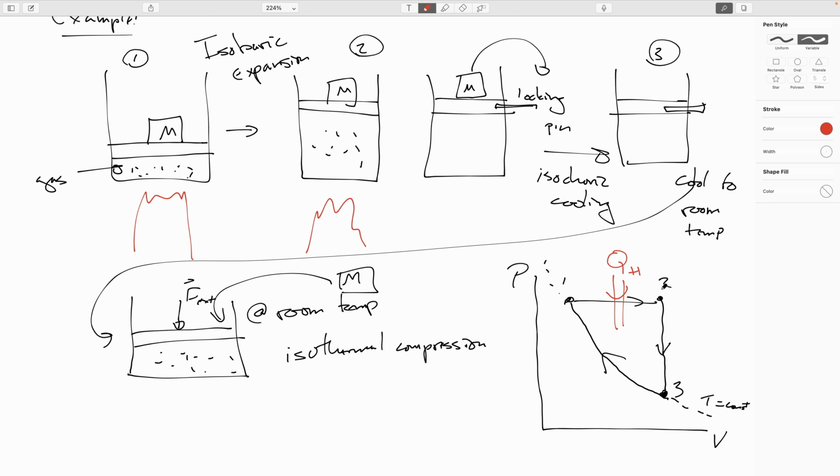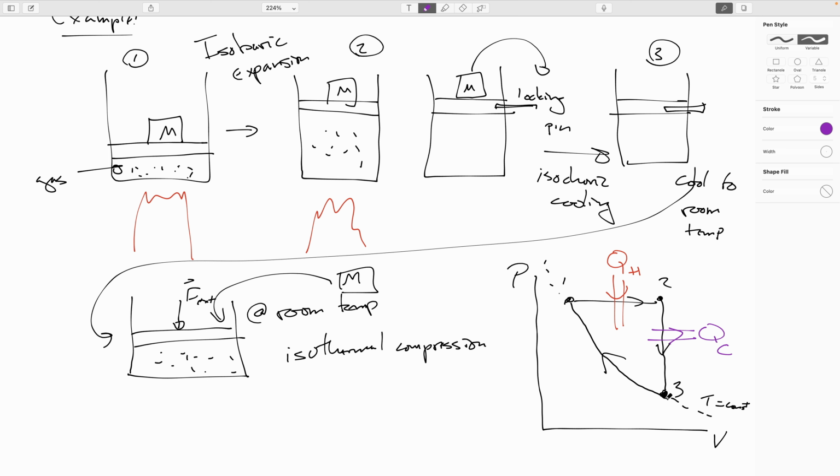So we bring heat in from the hot reservoir. Now, in the isochoric cooling part of this process, we're just letting it sit there and let heat drift off to the cold reservoir, like so. So in this step, we're losing heat to the cold reservoir, but we're not done yet.